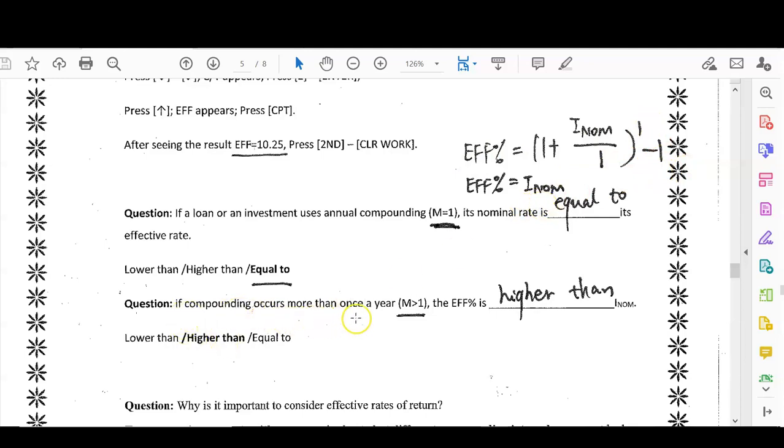If compounding periods occur more than once a year, the effective annual rate is actually higher than the nominal rate. It's equivalent to using a nominal rate, which is a smaller number, but at a more frequent compounding frequency. So these two would bring you the same interest.